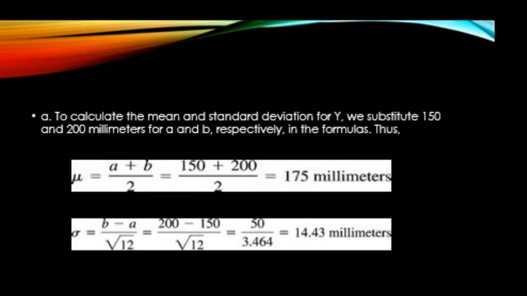So first, the mean and standard deviation. We know a is 150 here and b is 200. So mu, or the mean, is a plus b divided by 2, 150 plus 200 divided by 2, which is 175 millimeters. The standard deviation is b minus a divided by the square root of 12, which gives us 14.43 millimeters.